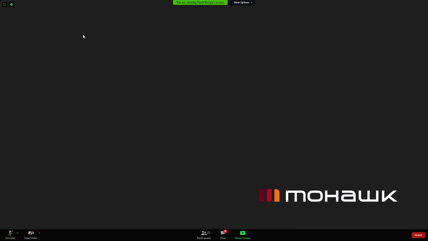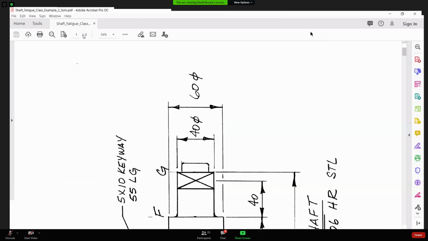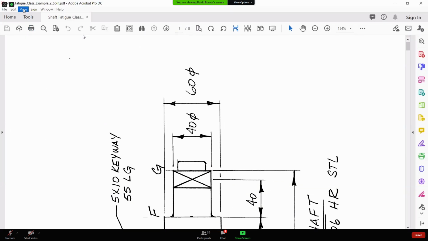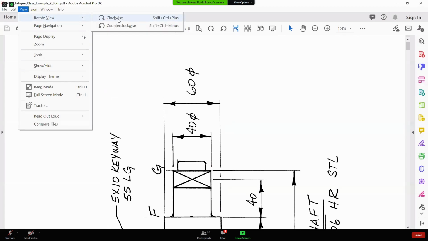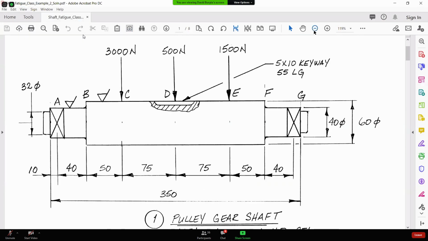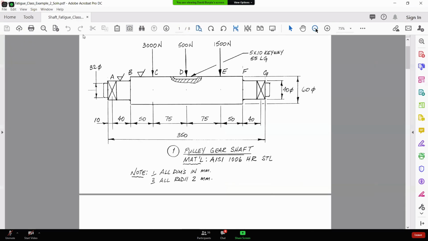Okay, so this is similar to what you're going to see on your test. Here we have a shaft, right? Has some loads on it. Now, keep in mind that these loads are always going to be acting downward as the shaft rotates, okay? These little boxes with the X's in them represent bearings where the shaft would be supported.